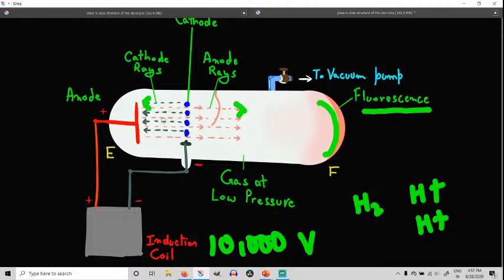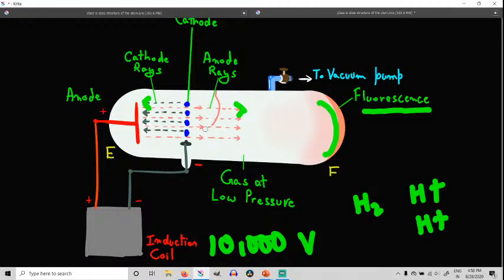That's why their directions differ: the black rays go towards the anode, and the positive stream goes towards the cathode. Because the cathode is a negatively charged electrode, they are attracted towards it, and this stream of rays is known as anode rays. They constitute the anode rays.